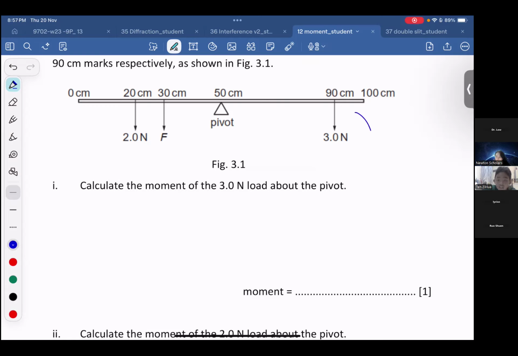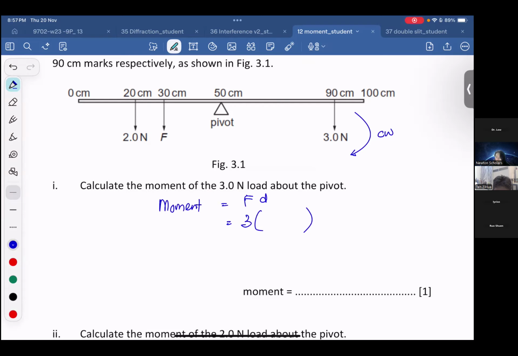Here 3 Newton. So it will be a clockwise moment. The moment for the 3 Newton equals force times distance. So here, the force is 3 Newton. What is the distance? This is the very important thing we need to determine. Where is the distance?